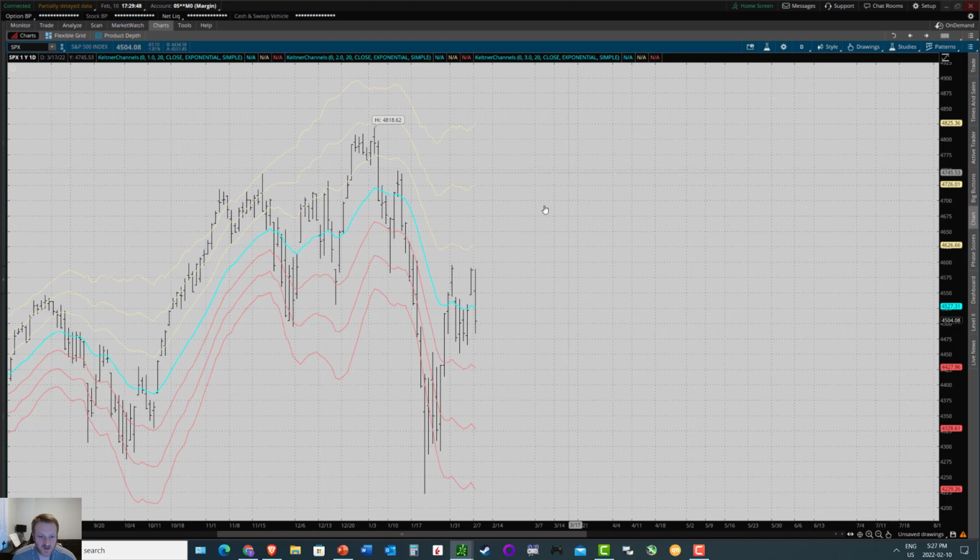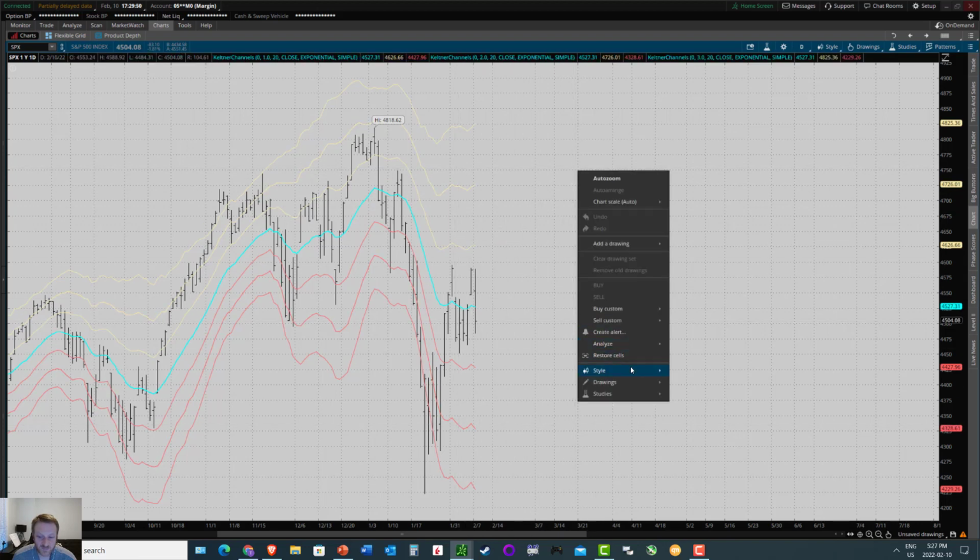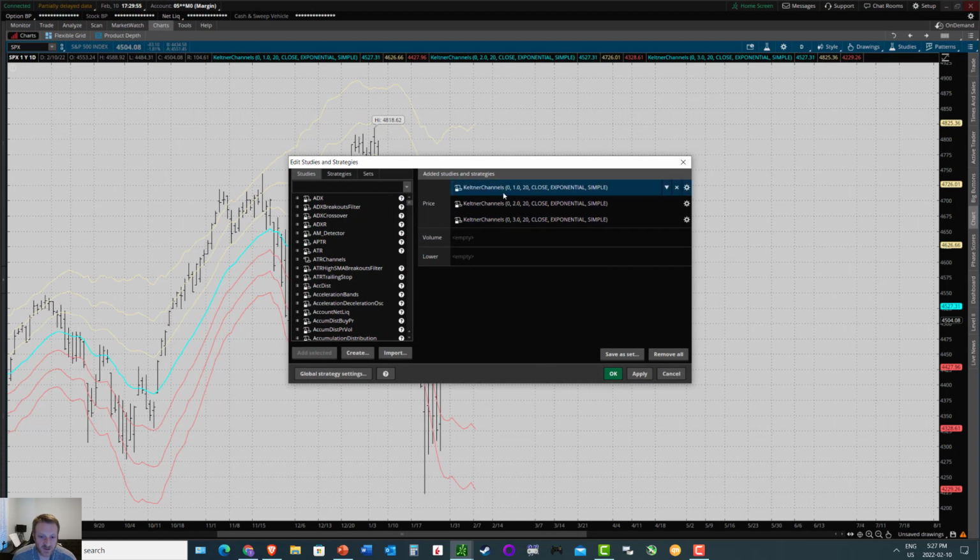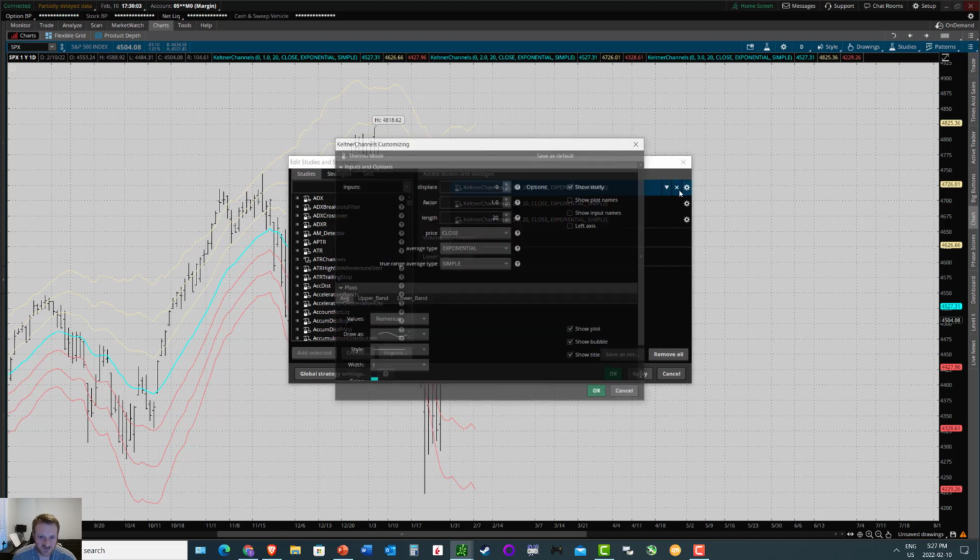What they actually are is just a selection of specific Keltner channels. The way to do it on ThinkorSwim was just add 3 Keltner channels, and then you change the settings.